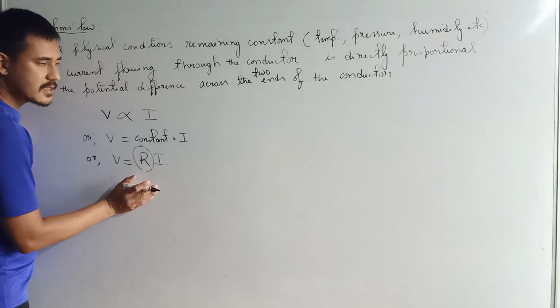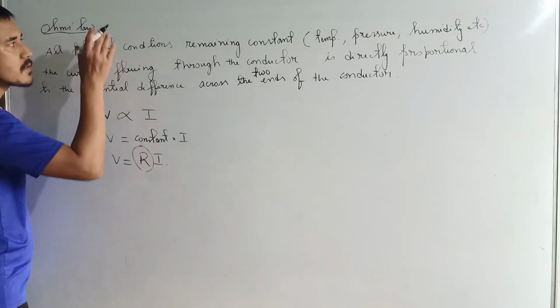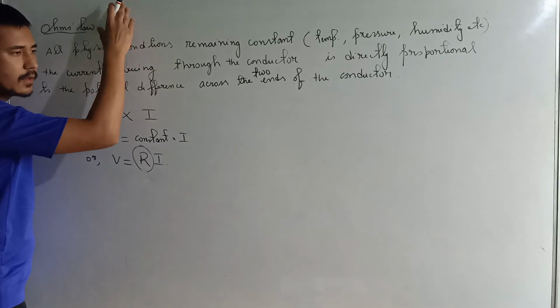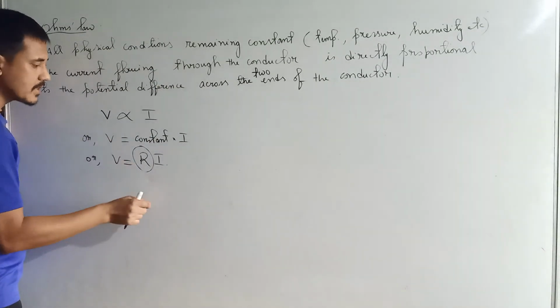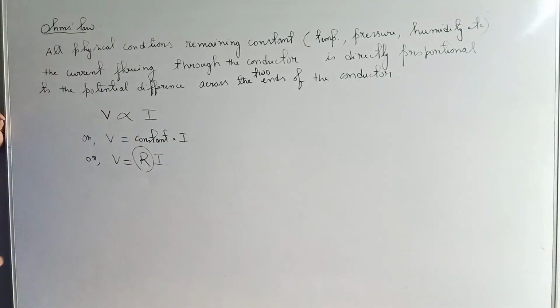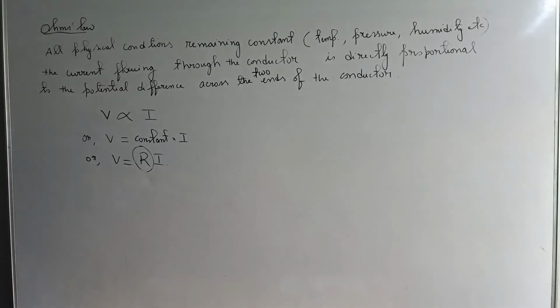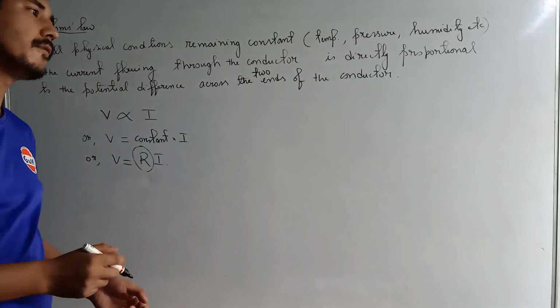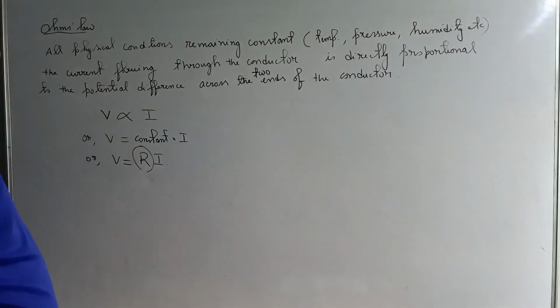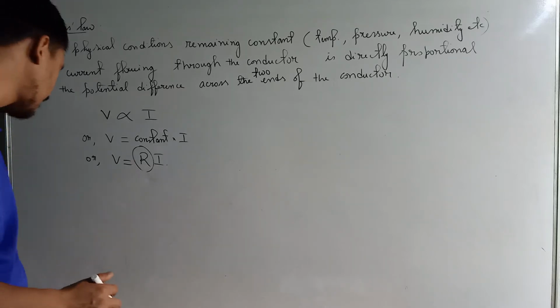And if resistance is not constant, then Ohm's law is not applicable. Only if the resistance is constant, then Ohm's law is applicable. So R is constant only for an ohmic conductor, that is, those conductors which obey Ohm's law.